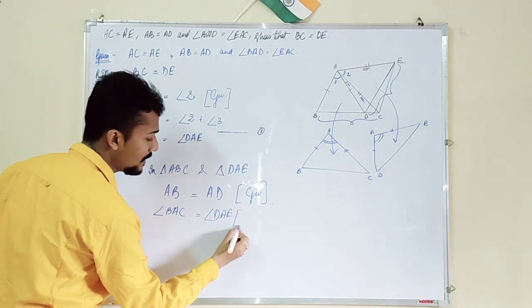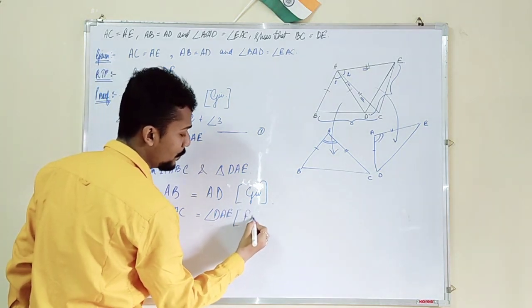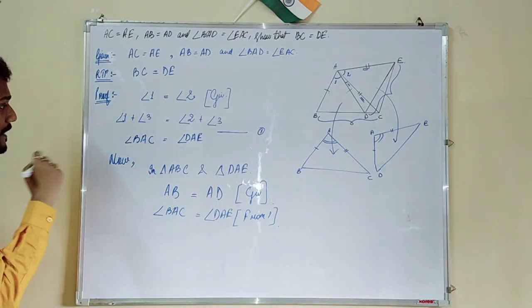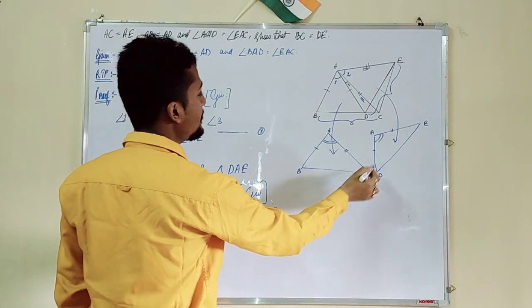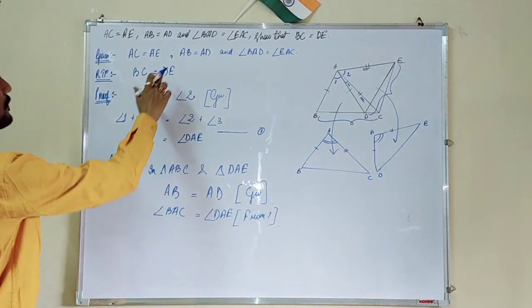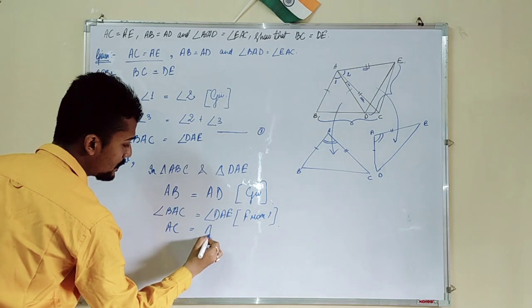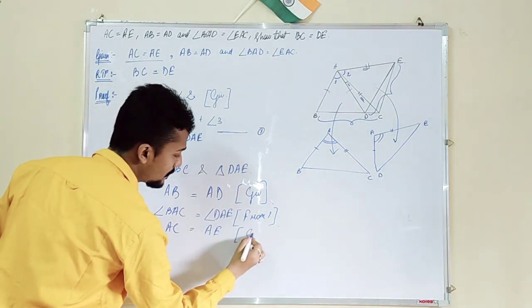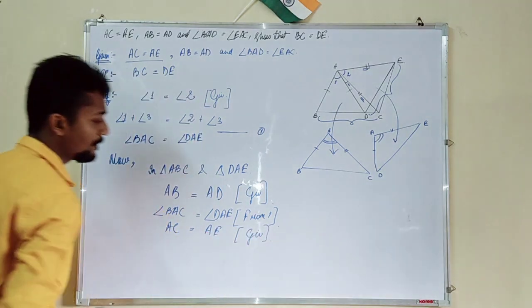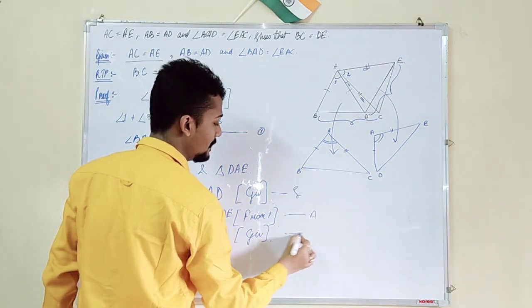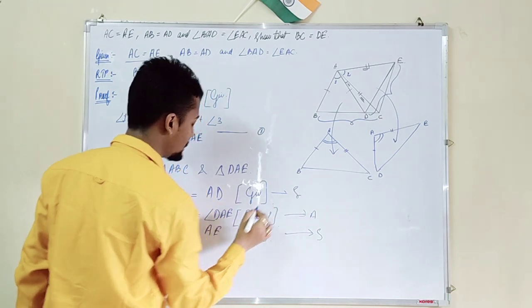Both the angles are equal from 1. Next, AC is equal to AE, given here. Fine. Now by side, angle, side, both the triangles are congruent.